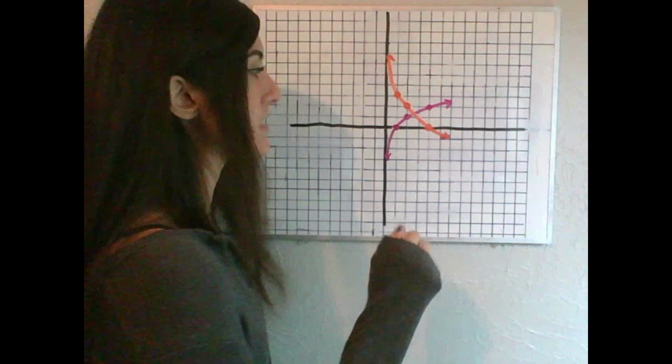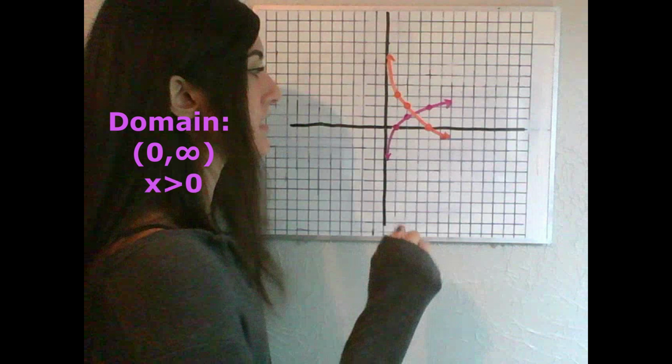When we look at the first function that we graphed in pink, log base 2 of x, our domain is going to start at 0 and go on to infinity, but remember that 0 is not included. So you'd use open parentheses, 0, comma, infinity, and in inequality form, that's x greater than 0. My range is, again, going to be all real numbers because, as you can see, it goes up and down forever.